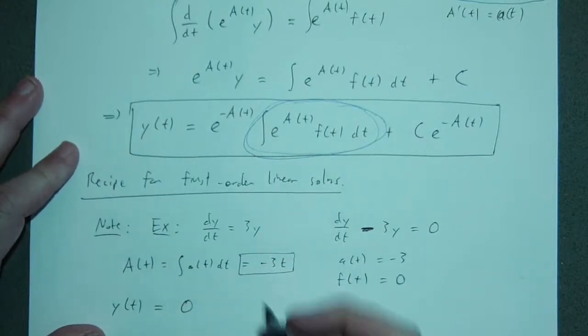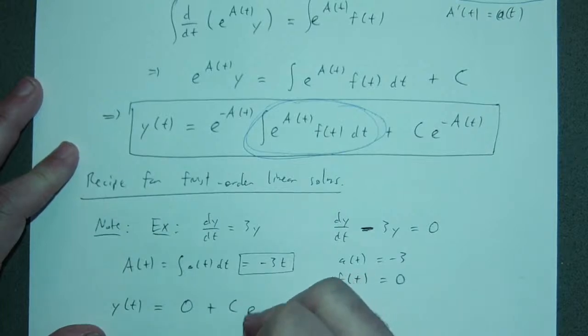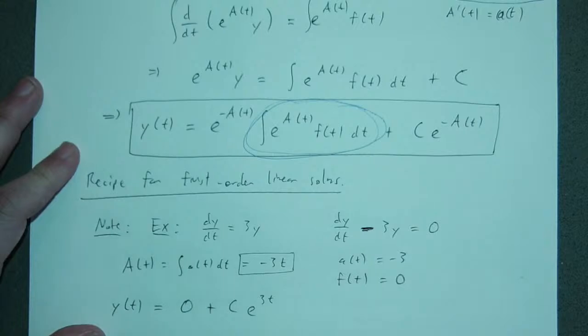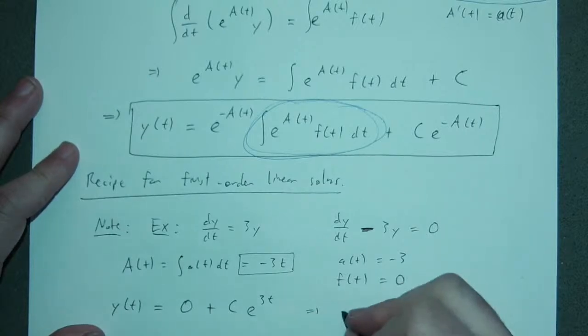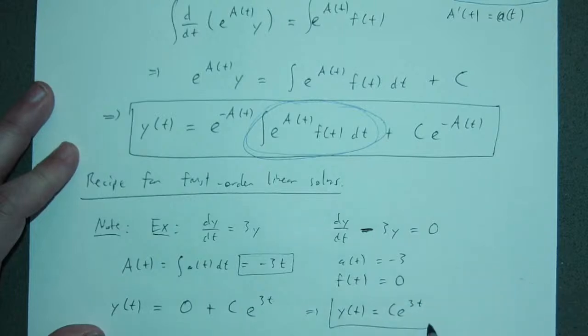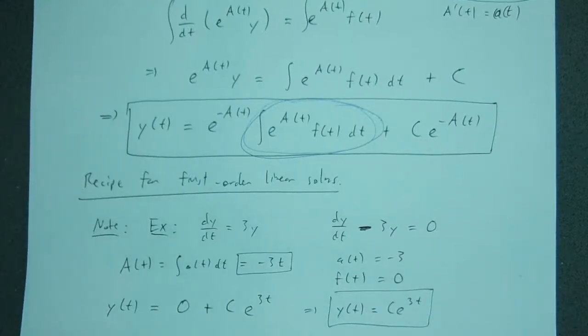So I get 0 plus c times e to the minus big A of t, i.e. y of t is equal to c e to the 3t. So this recipe, of course, worked in that first example we did. We did it in a different way, kind of intuitively, just thinking about what that differential equation said for our unknown function y, but this shows that the recipe applies to that example just as well.